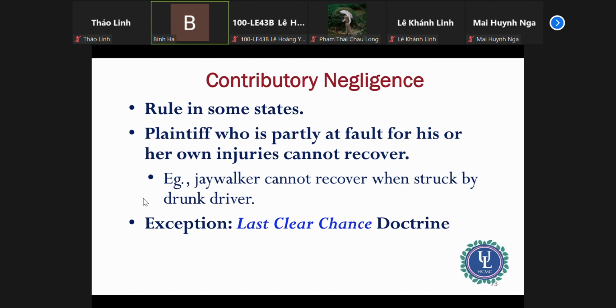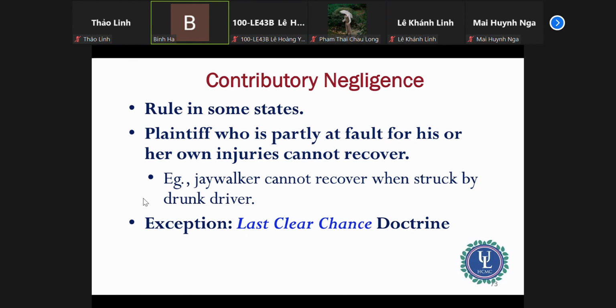Okay, and that is a situation when the plaintiff also contributes to the risk, contributes to the loss that he has to suffer. He was at fault as well, not only the defendant, but the plaintiff was also at fault.